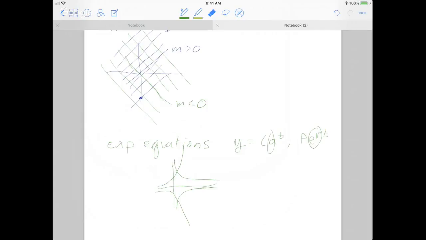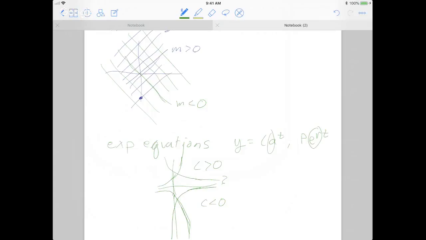And I'm sorry, guys, I've drawn this just a little bit inaccurately there. That would look more like that. There we go. So these are for c less than 0, and these are for c greater than 0.